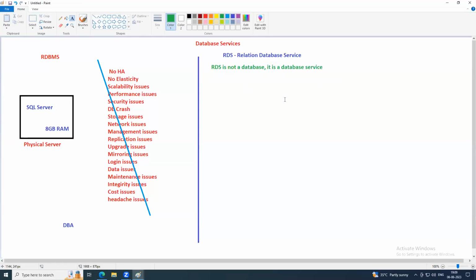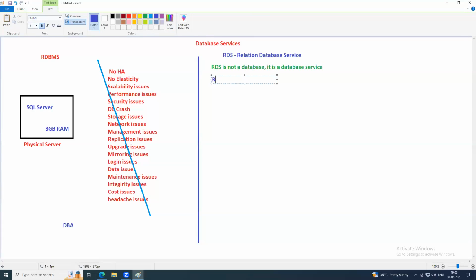We create virtual machines, no? What is that virtual machine called? EC2 instance. Here, if you create, we call it an RDS DB instance. And remember, this RDS supports only RDBMS databases.